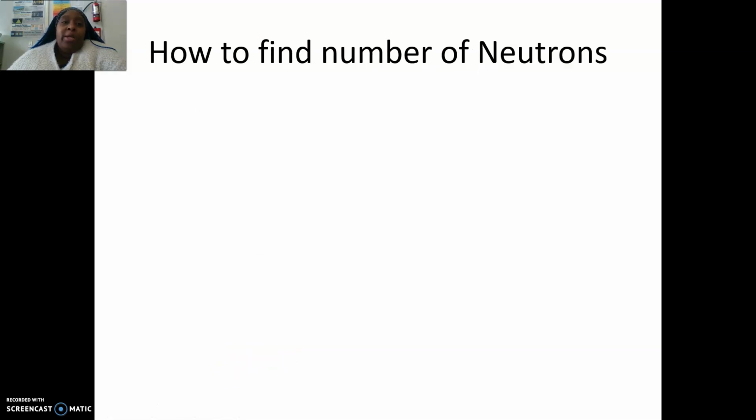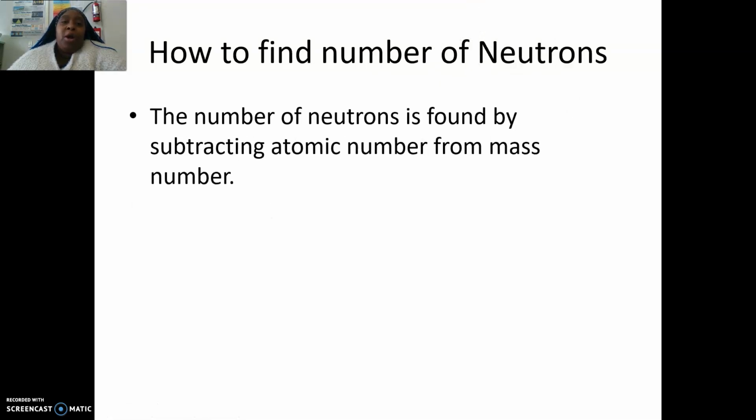All right, so let's talk about how we find the number of neutrons. The number of neutrons is found by subtracting the atomic number from the mass number. This should be a review from the worksheet that you guys did on calculating protons, neutrons, and electrons. So I just wanted to remind you of that little rule.